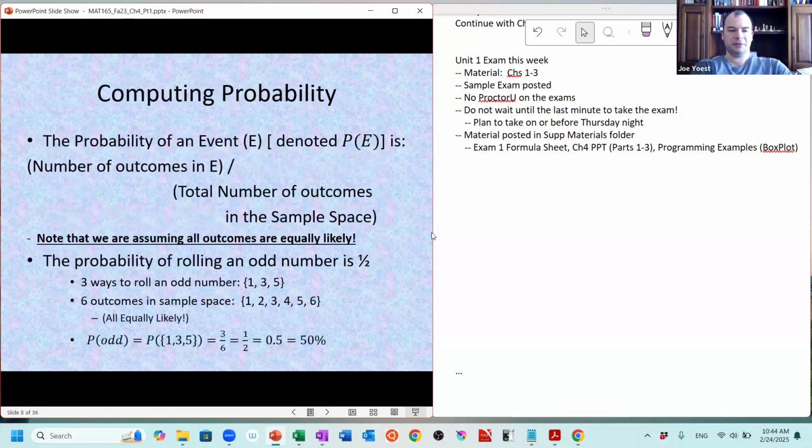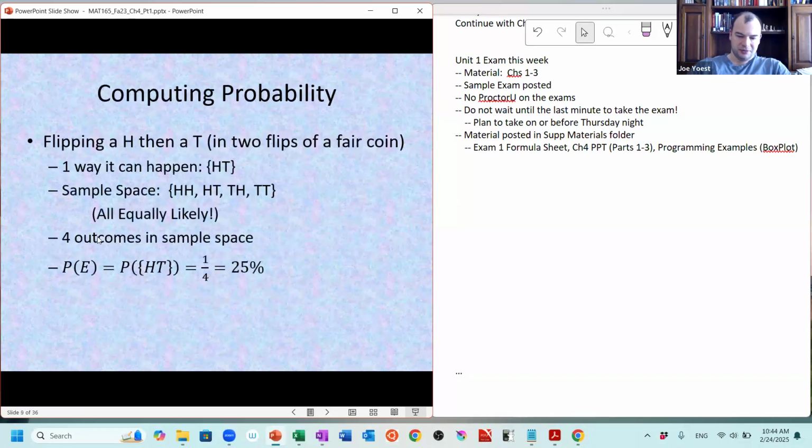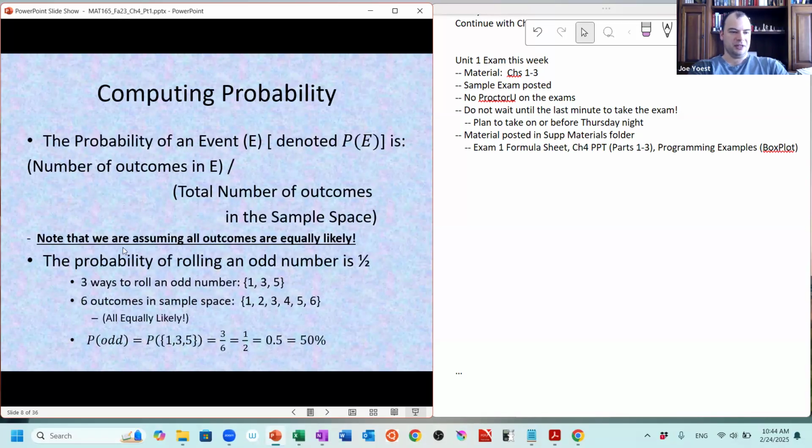So how do we compute probability? Really important assumption here. I bolded and underlined it here. One really important assumption in this chapter is that we're assuming all outcomes are equally likely. So if we think of an example like rolling a die, that's a pretty canonical example. 1 through 6 comes up equally likely.